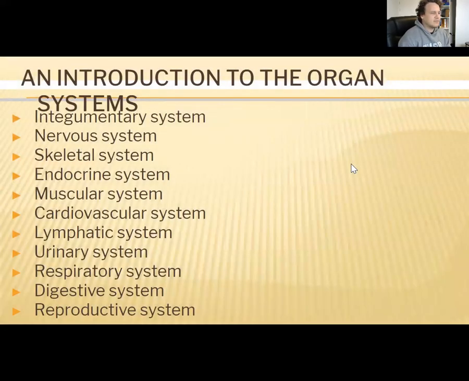So we have the integumentary system, the nervous system, the skeletal system, the endocrine system, the muscular system, cardiovascular system, lymphatic, urinary, respiratory, digestive, reproductive. And I will briefly go over each of these. And then we'll focus on the skeletal system and the respiratory system.